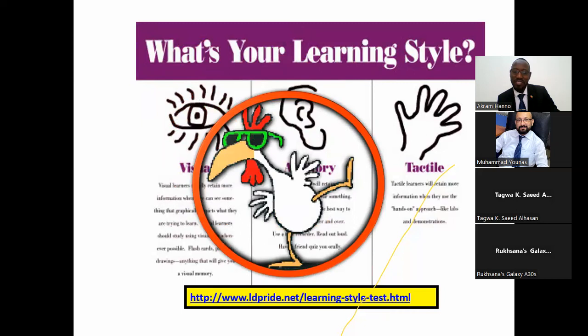You can learn more about this test, and you can share it with your student, and then you know that sharing is caring. When you share this with your student, you actually do care. So here is the link, so you can find a test for your own style, or your student's style.